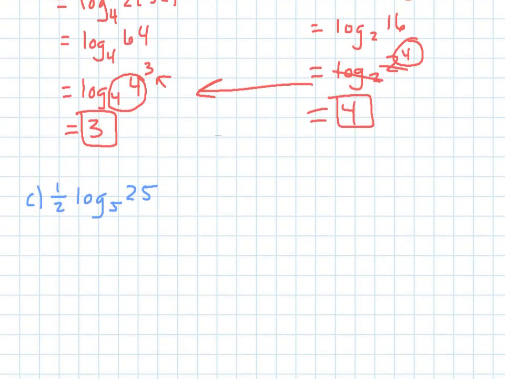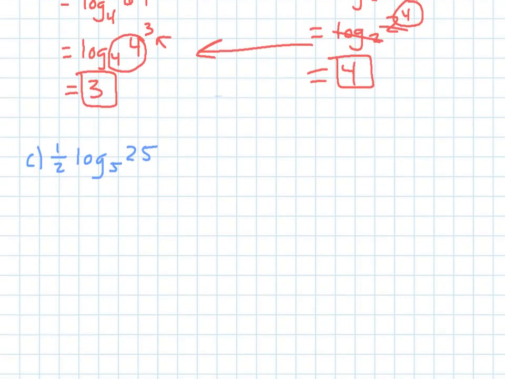Okay? And another property here, if I have 1/2 log of 25 base 5, now here this is one of your power properties, because I have a number out front, and so I can put it back up top. So here, 25 to the 1/2 power is the same thing as the square root.